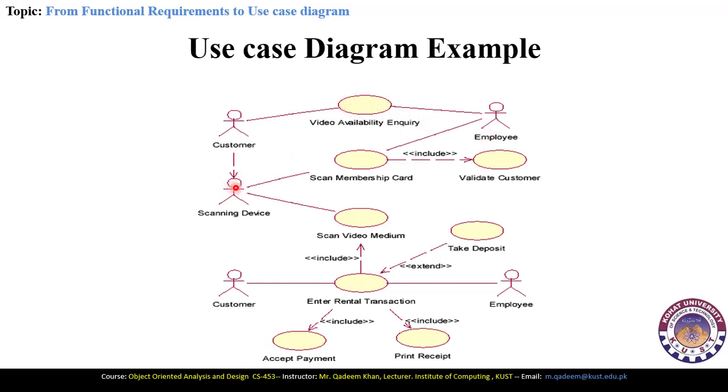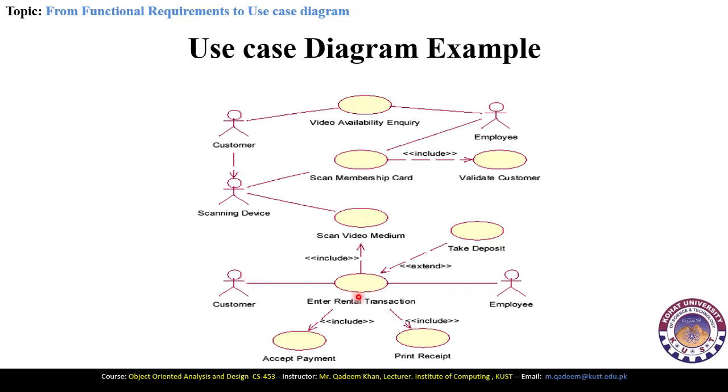Next, the scanning device, which is hardware, will scan the membership ID card of the employee. And also, it will scan the video medium here as well. For example, if the video is generated from a certain text box, then the scanning device will scan the text box and will create the video.